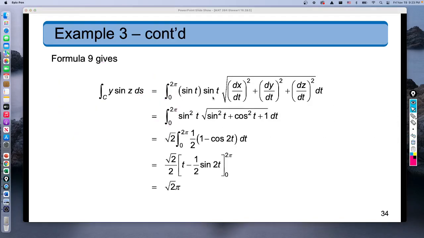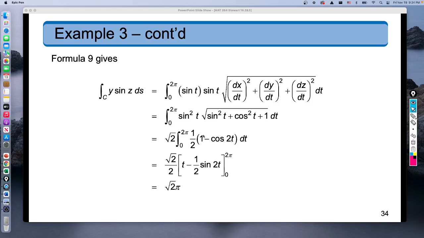So we'll walk through this. We get our sine squared, cosine squared, plus 1. What they've done is, okay, inside here is the square root of 2, right? Sine squared plus cosine squared is 1. 1 plus 1 is 2, so they move that to the front. They use the identity that sine squared is 1/2, 1 minus cosine of 2t.